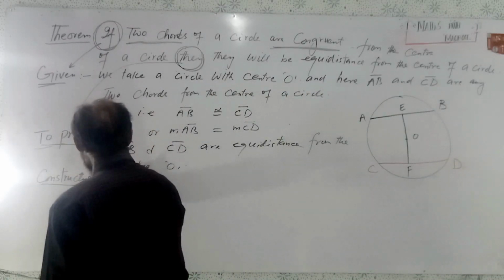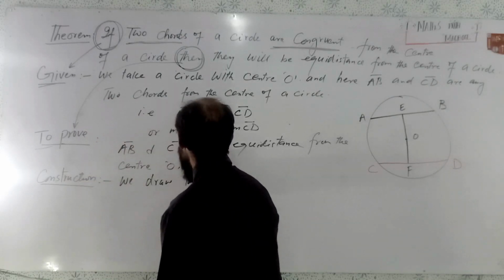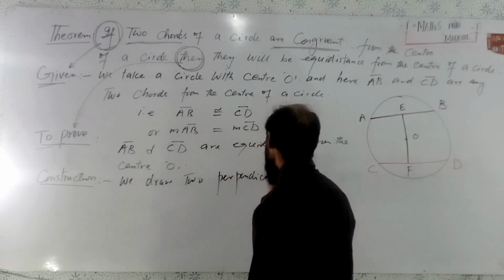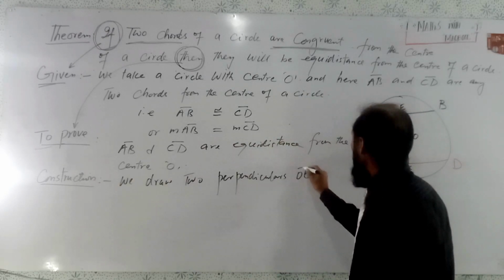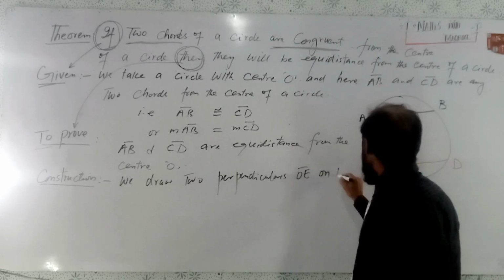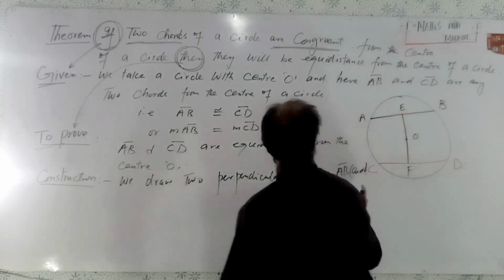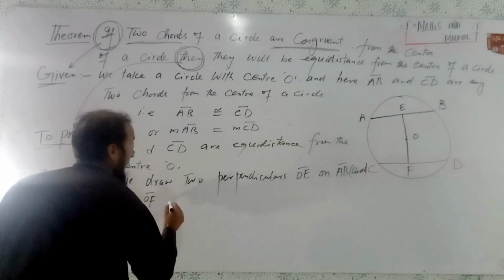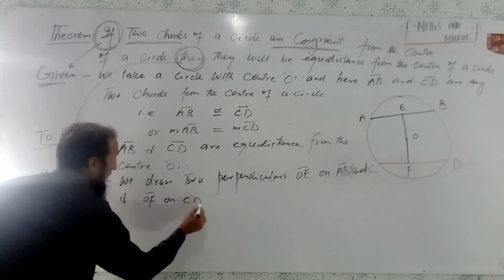We draw two perpendiculars: OE on chord AB and OF on CD.